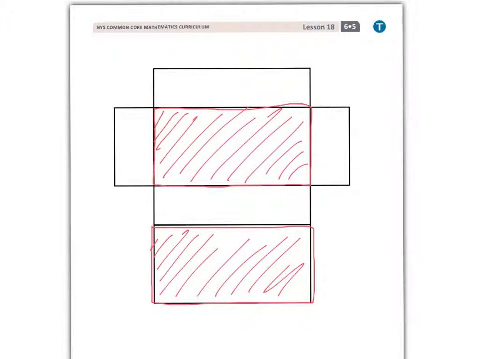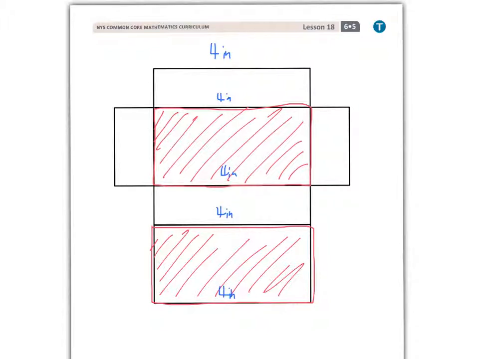You should have measured this across. Let's say we're measuring this top one across right here, and this would be 4 inches, which would make all these other lines 4 inches. All these ones across are 4 inches. They're all the same width.